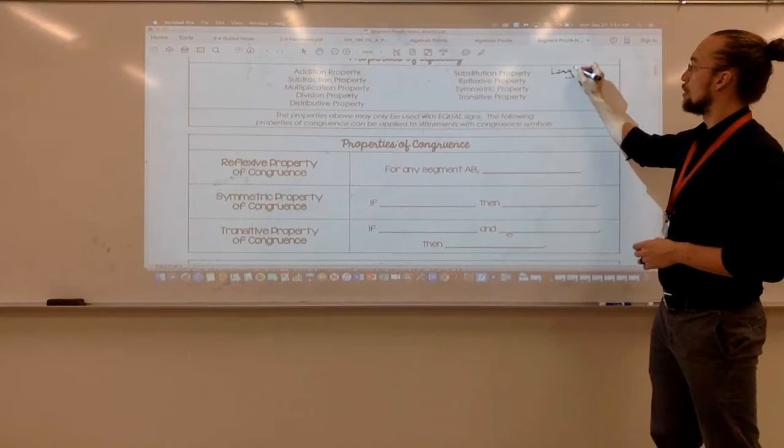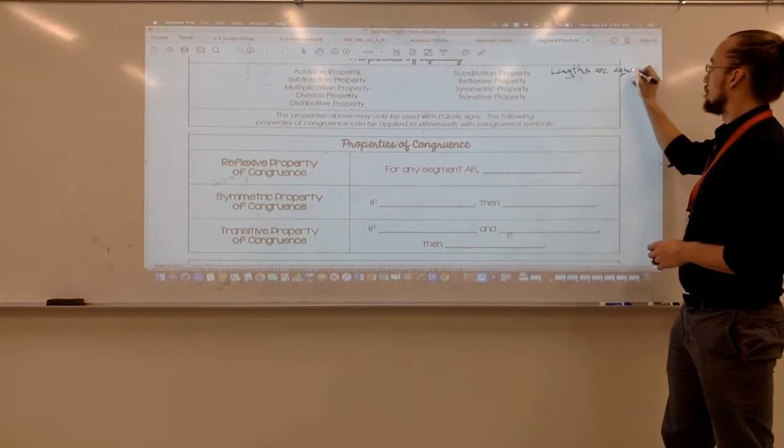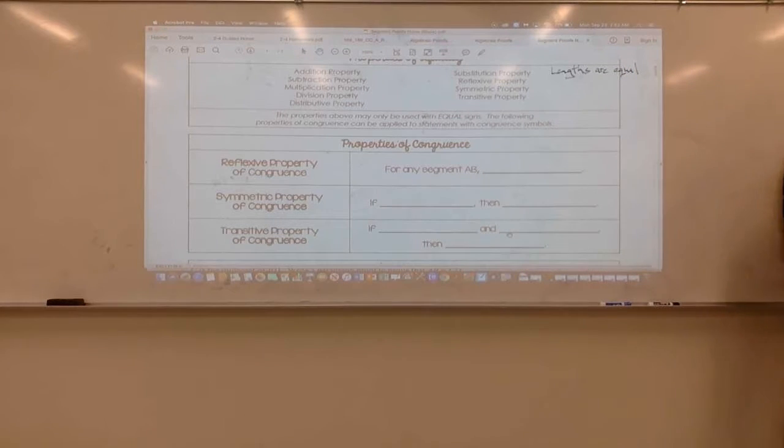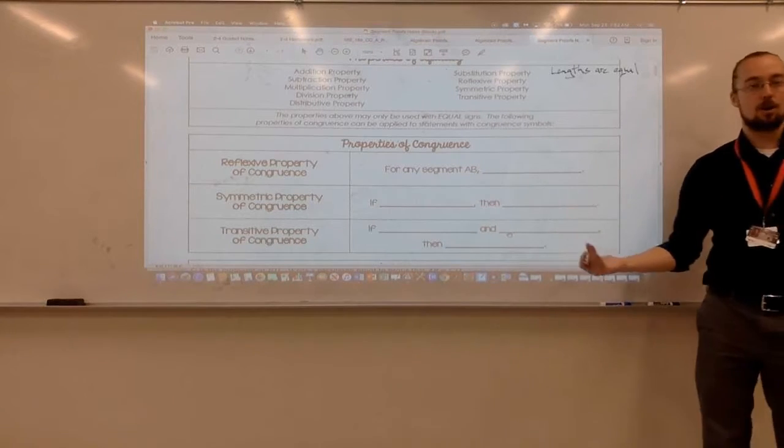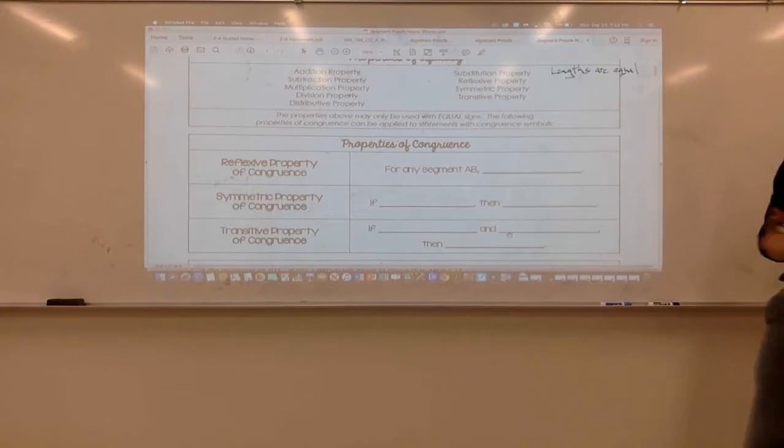You can make a little note. Lengths are equal to each other, right? So if I'm talking about the length of a segment, that's like a numerical value. I can say this segment is 10 centimeters long. So I can say that lengths of segments are equal to each other.